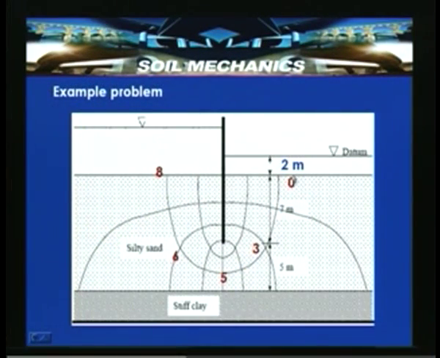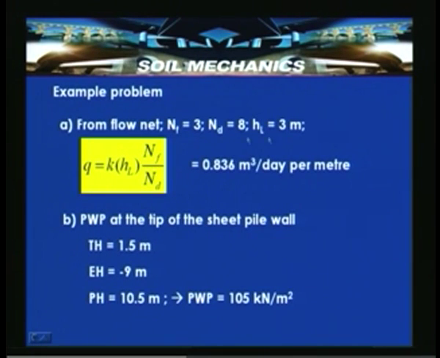So this is the first equipotential line 0, then equipotential drops second, third, 4. So 8 equipotential drops are shown. Schematically, around 2.5 flow channels are shown here. By using the same methodology, we can calculate the number of flow channels and number of potential drops.